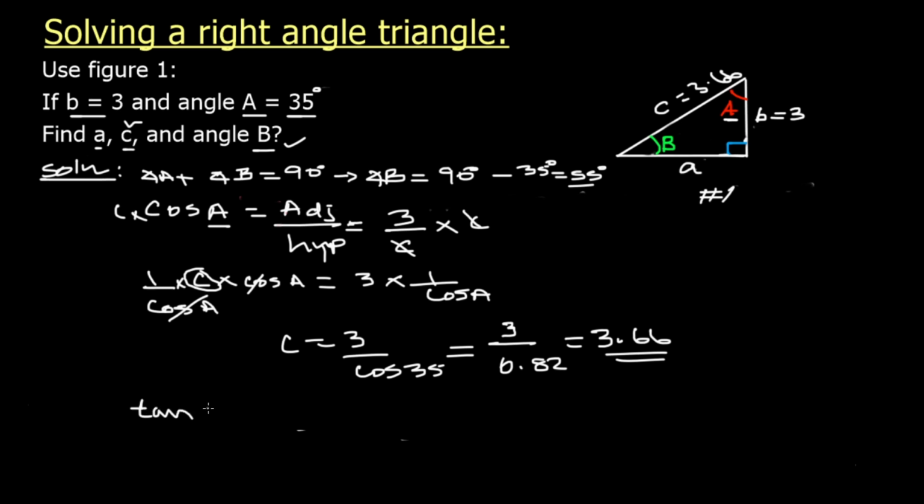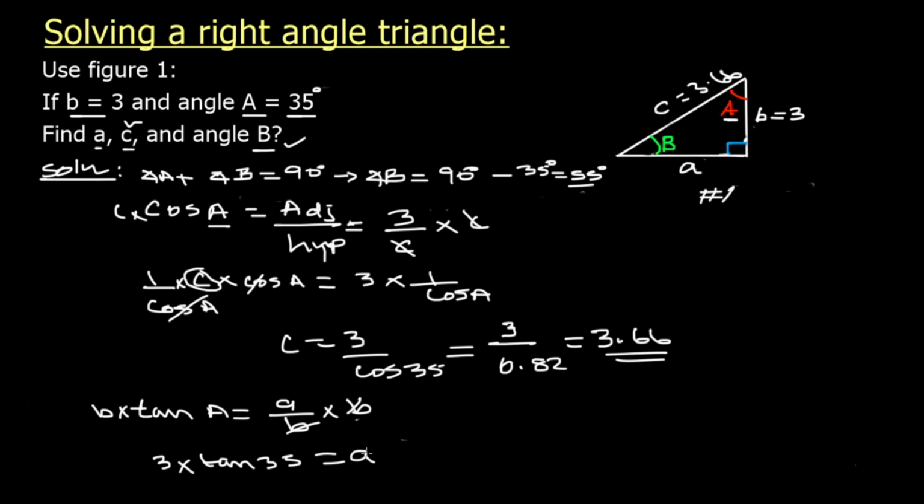Tan of A equals opposite, which is A, that's what we are looking for, divided by adjacent, which is 3, which is B. And we multiply B on both sides. The two B's cancel out here. And this side becomes 3 times tan of 35. That is equal to our A.